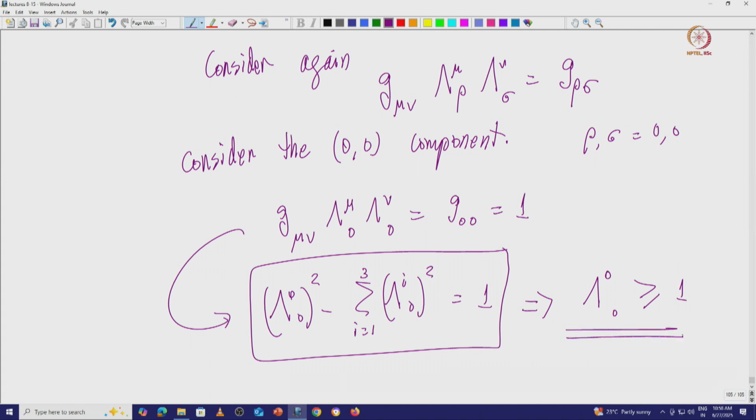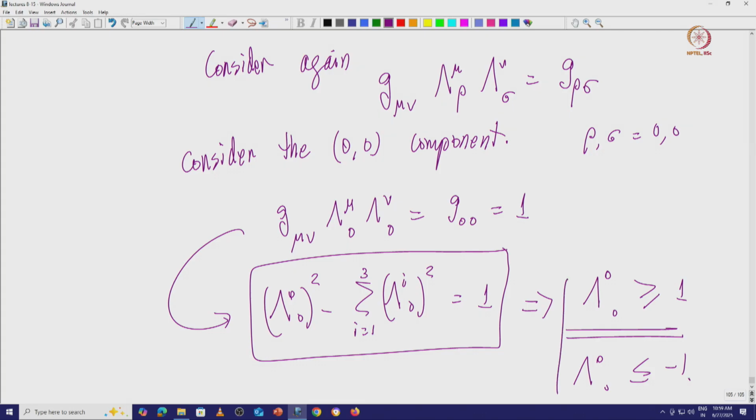Because the other term is always positive, it's a square of it, so this can be either greater than or equal to 1, or it can be less than or equal to minus 1 essentially.